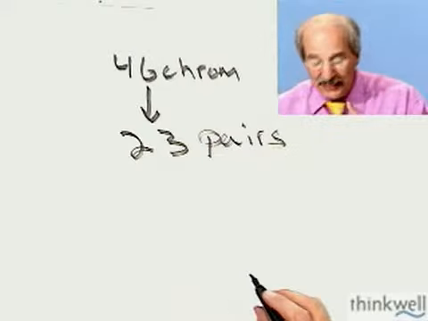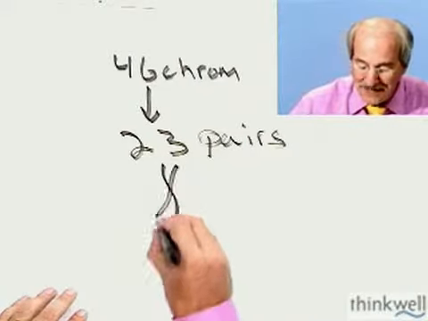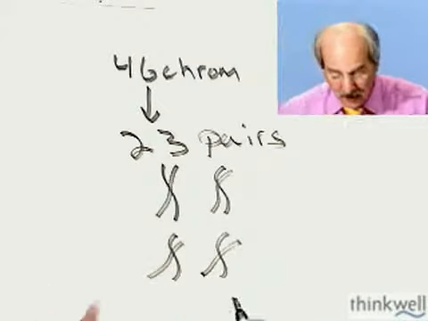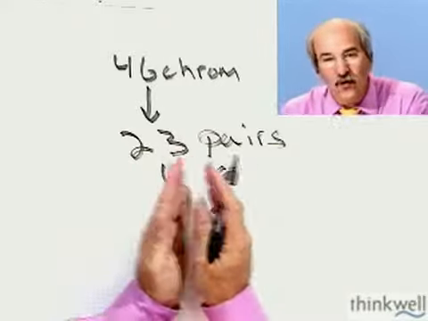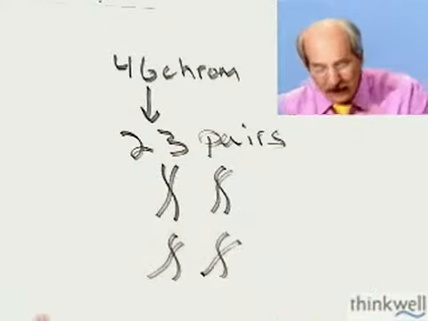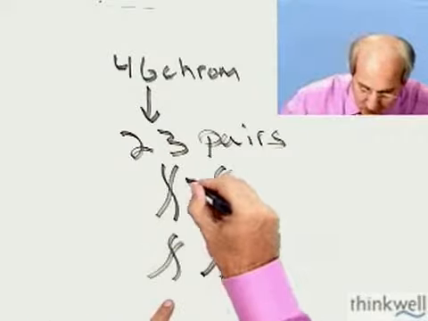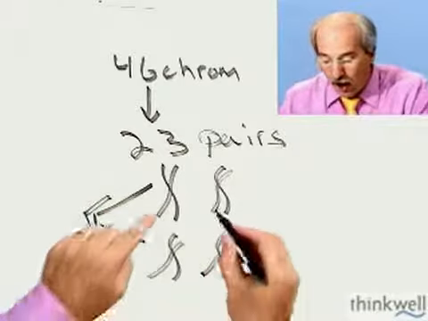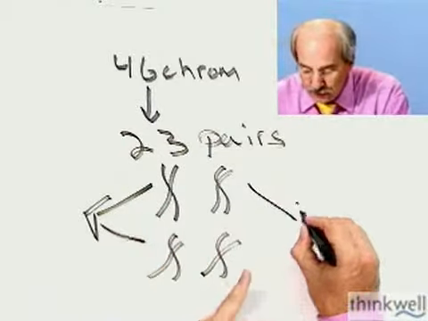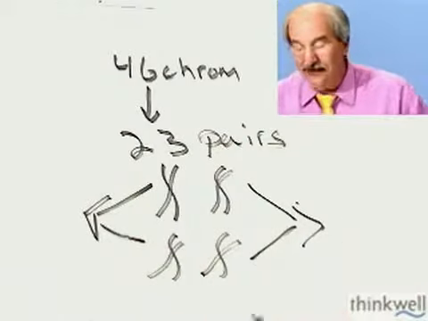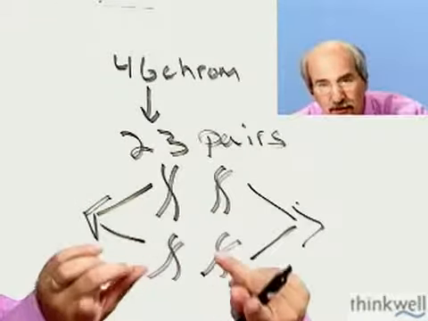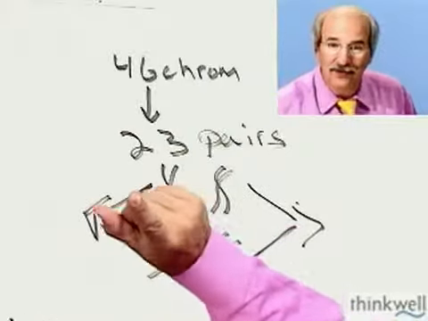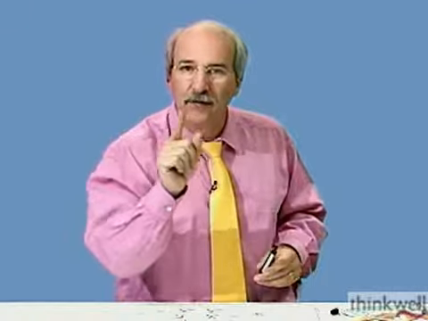Think of this. If I say to you we have 23 pairs of chromosomes, now what do we know? We now know that in order to get a normal egg, if we can merely make sure that the 23 that go to one side are paired members to the 23 that go, say, to this side, then we will make sure that our gametes will have not just 23 chromosomes, but 23 unrelated chromosomes.